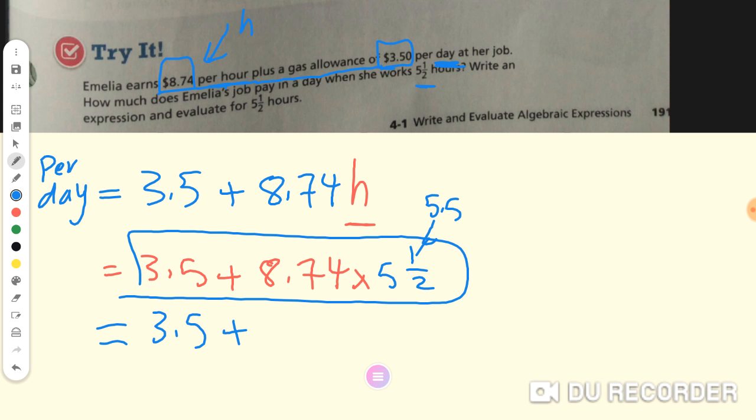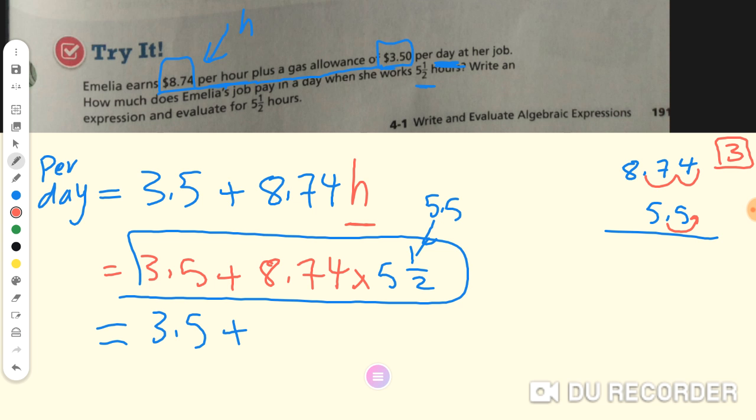Okay, so it's 5.5 multiplied by 8.74. My way of multiplying decimals is like this. I need to remove the points to get whole numbers, so 1 place here and 2 places here, so it's 3 places.